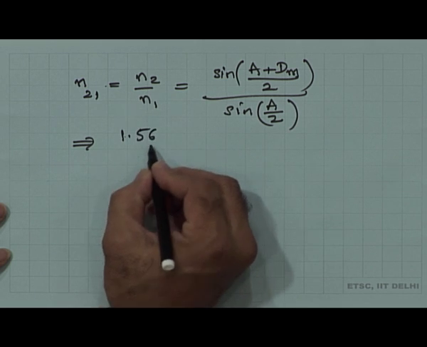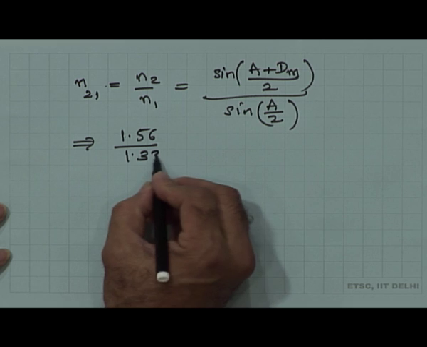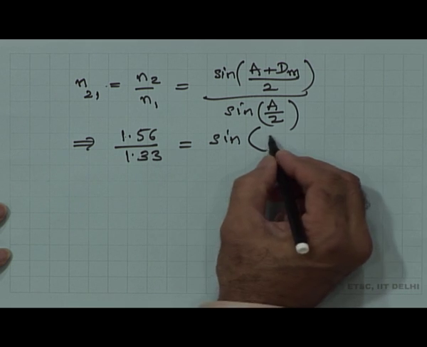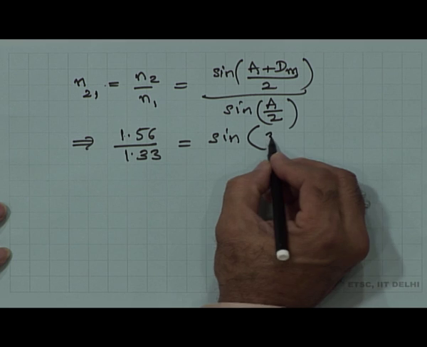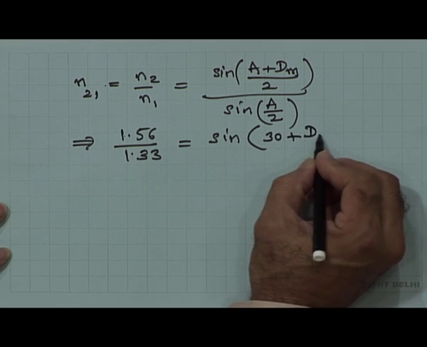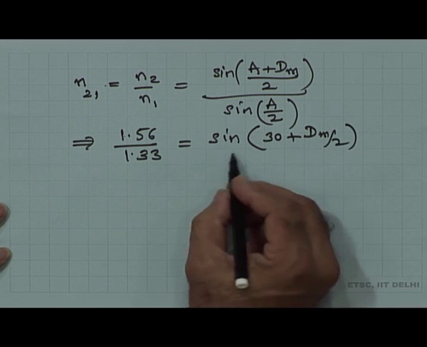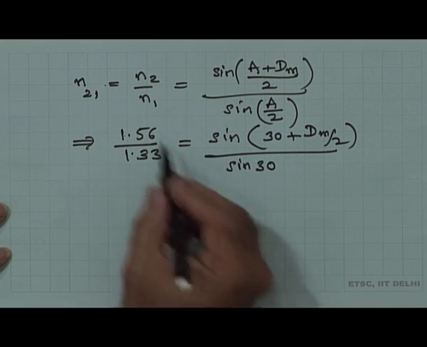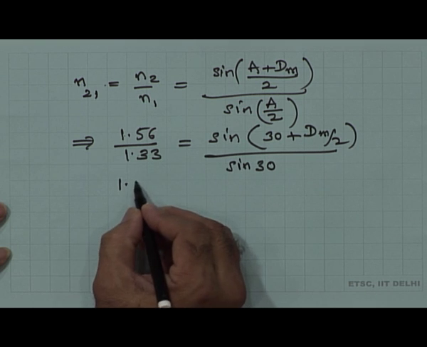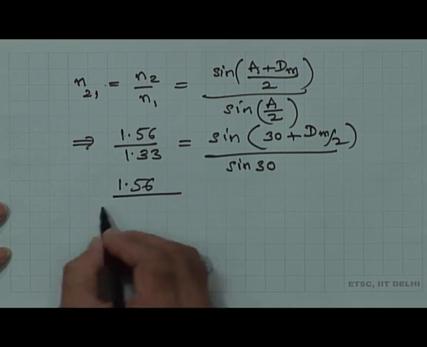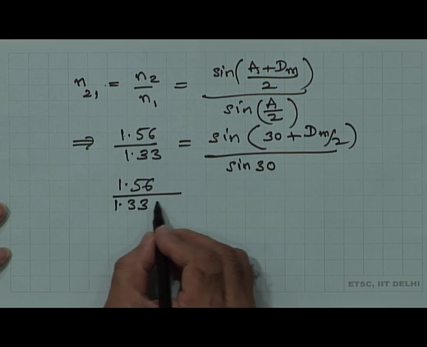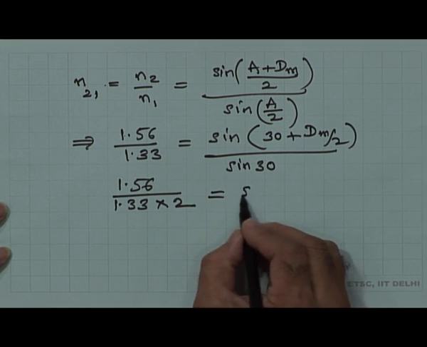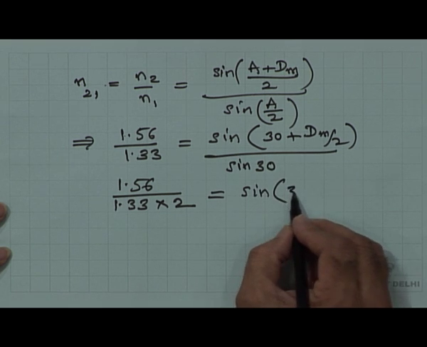So, 1.56 divided by 1.33 is equal to sin of (A plus dm) by 2 divided by sin 30, where A by 2 is 60 by 2, that is 30, and sin 30 is half. So, half goes there and we have the same expression again: 1.56 divided by 1.33 into 2 is equal to sin of 30 plus dm by 2.